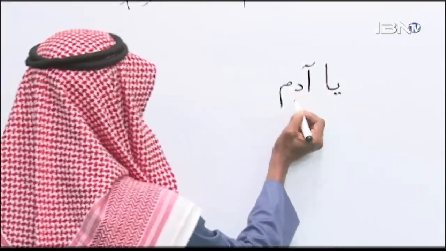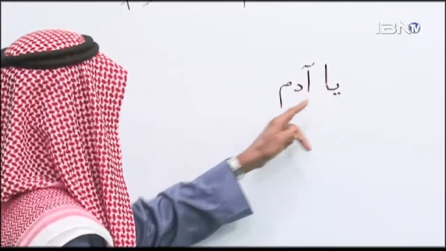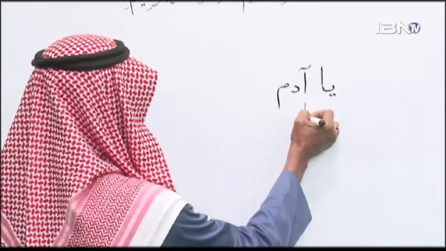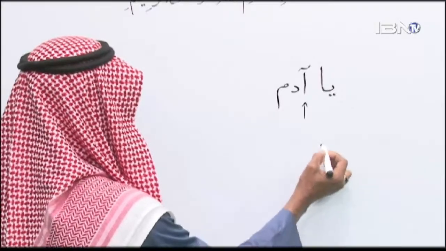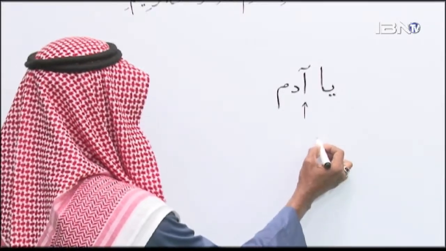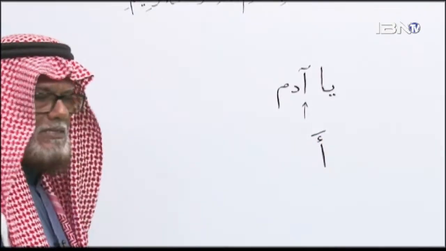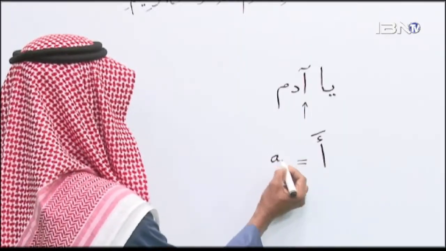I can't remember if I spoke about the mad, but we have Ya Adam, Adam. So basically, this here is when you have the alif with, let's say, a fatha. It gives me the sound of ah.